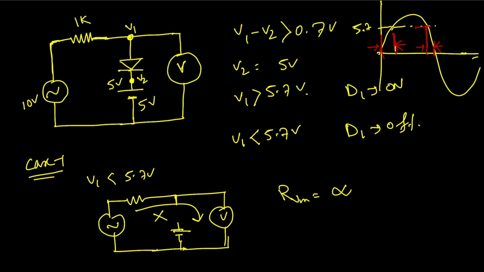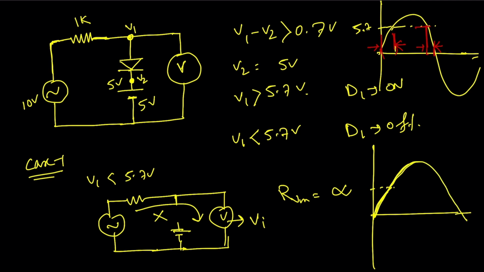So there will be no current flow, and we will get the output the same as the input voltage. If this is 5.7 volt, in the output we will get the same voltage as the input. This is case 1.